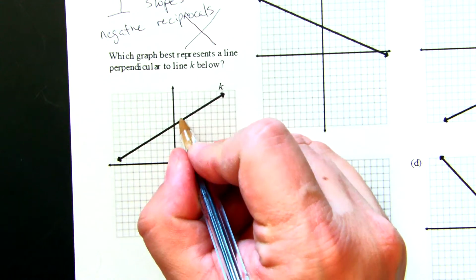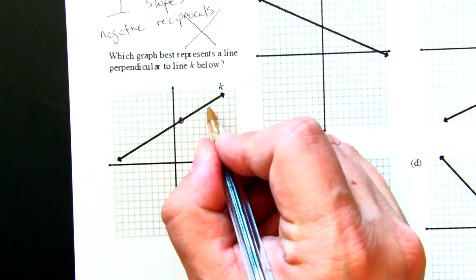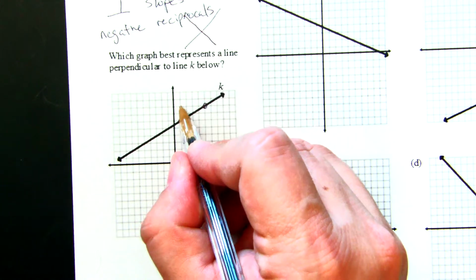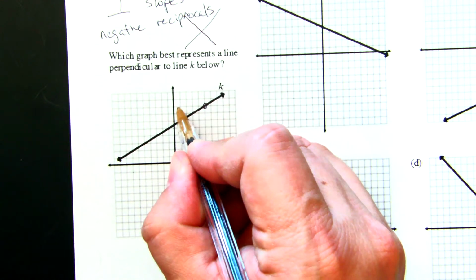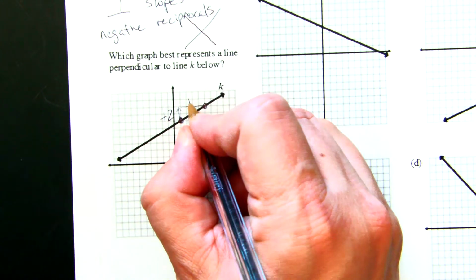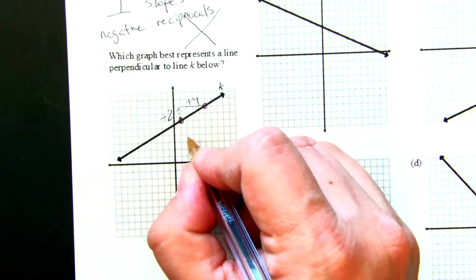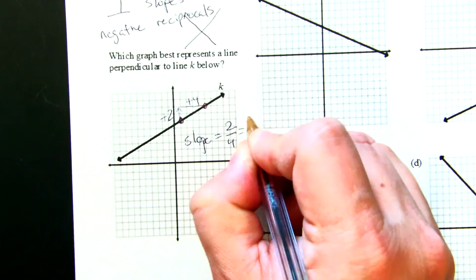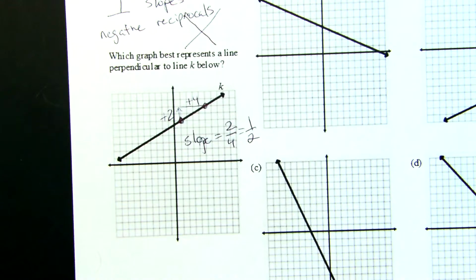Well, find 2 points where we can see the coordinates pretty clearly. Here's one, and here's one. The slope of K is going to be positive 2 over positive 4. So slope equals 2 over 4, which is, of course, the same as 1 over 2.